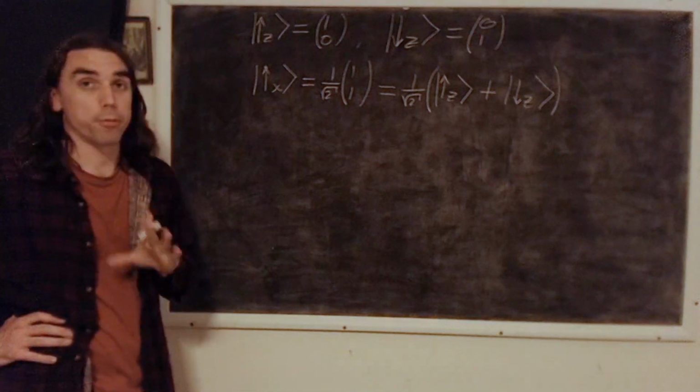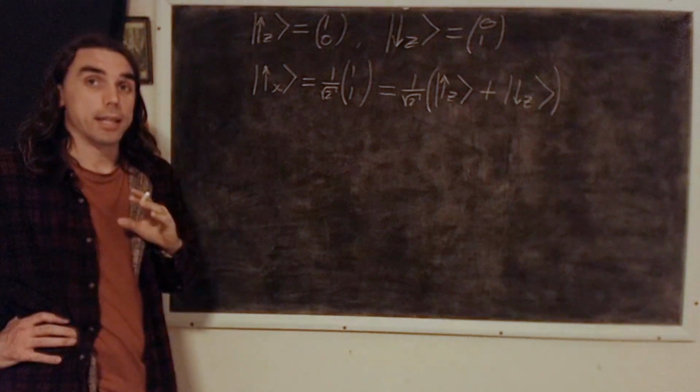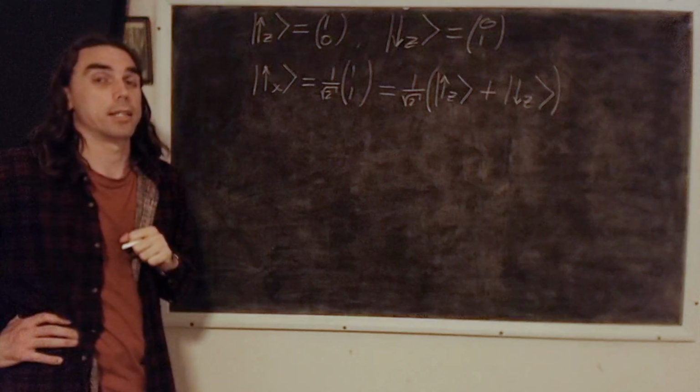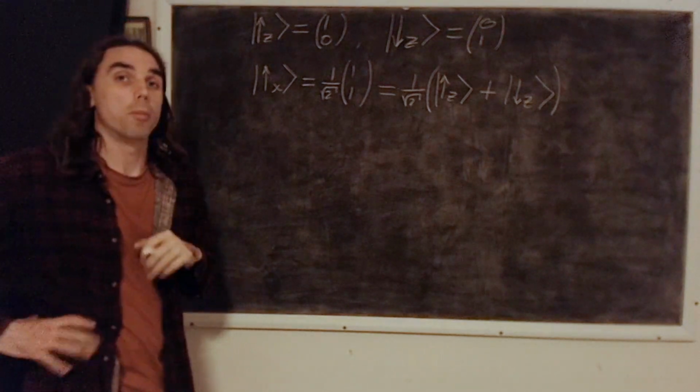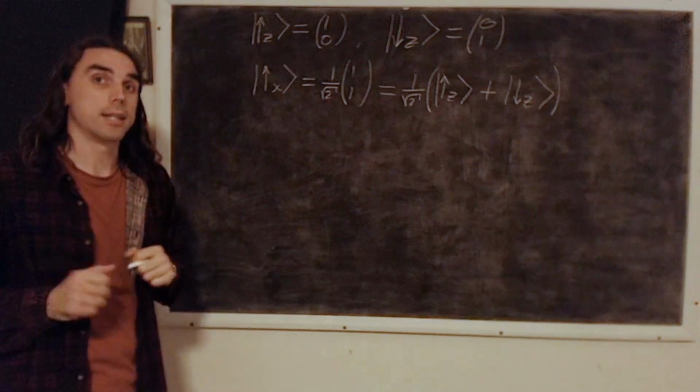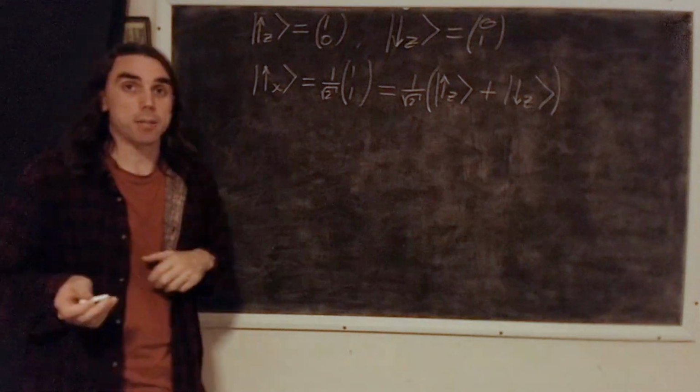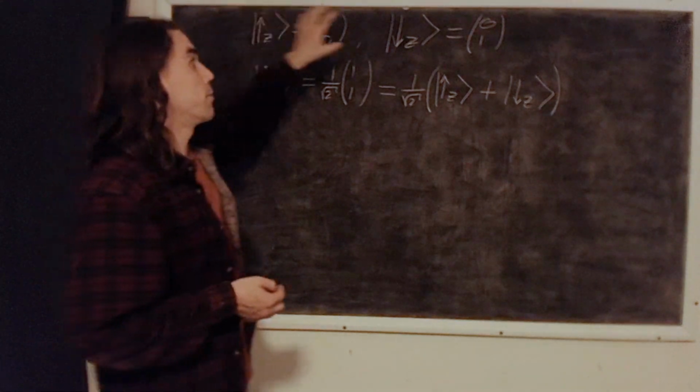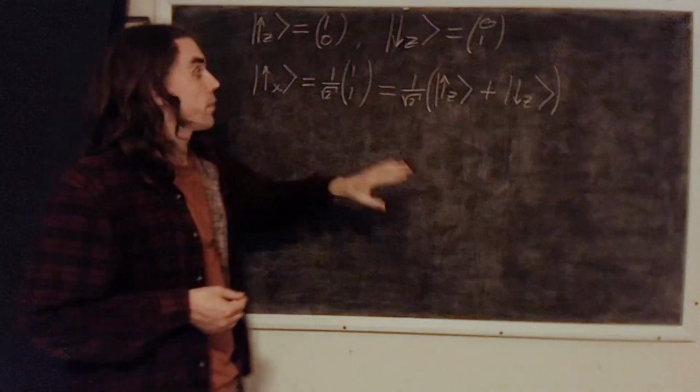And remember from a previous video that the full set of normalized eigenvectors of a non-degenerate Hermitian matrix must form a complete orthonormal basis. So we can expand any vector in that space in terms of a complete set of these, and there's only two of them in this case.